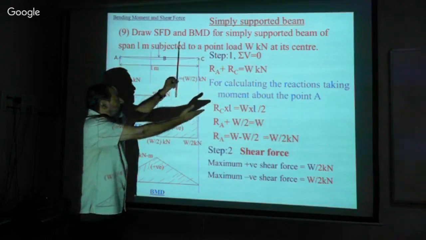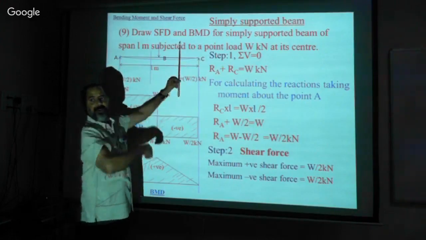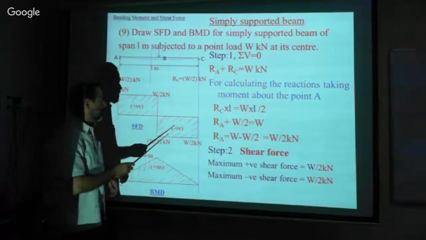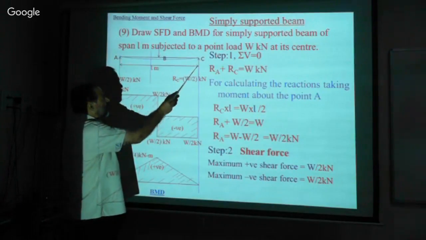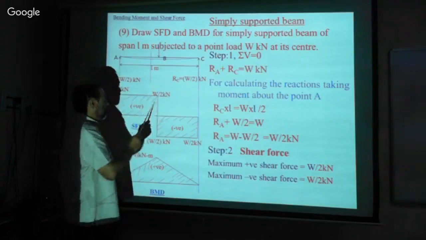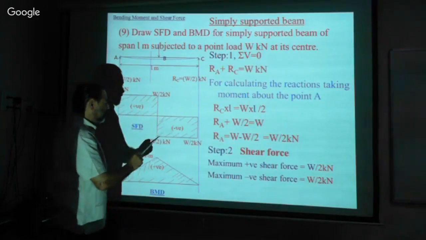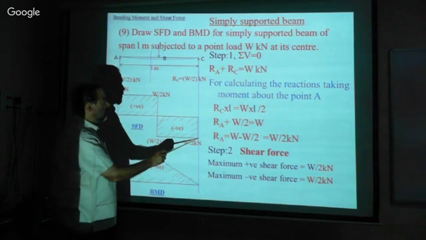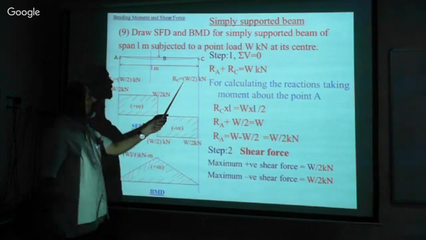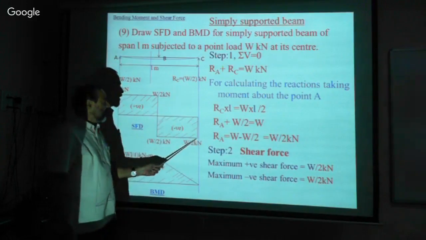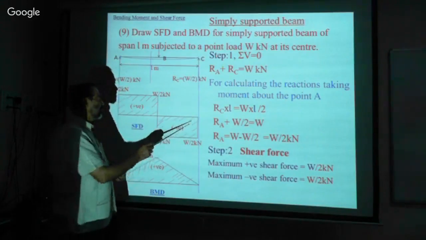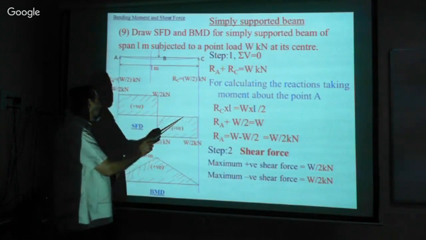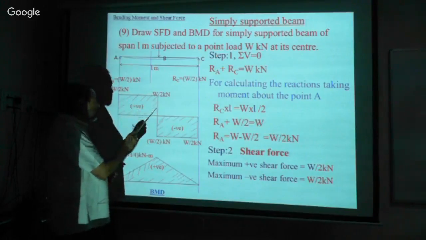Considering the right section, W by 2 is upward. Therefore, at all the points from here to here, W by 2 shear force is acting upward. Let us draw this continuously up to this point, where W by 2 is acting upward, and reach the zero reference point. This completes the diagram.